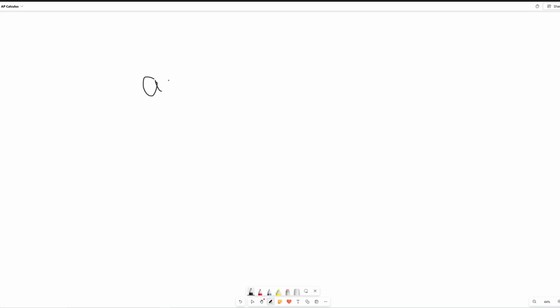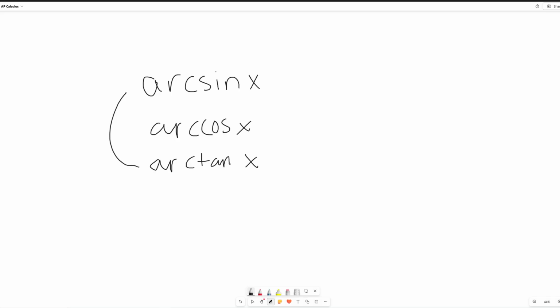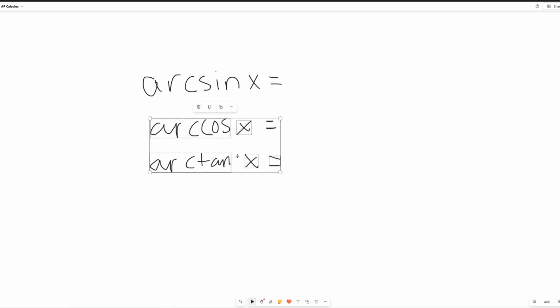And this is very simple. These are formulas you will just need to memorize. And the three that are relevant and that we will talk about, well, really it's two, but it's these two, is the arc trigs of the main three trig functions.